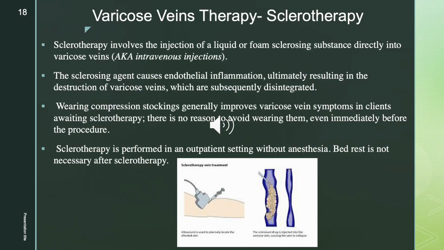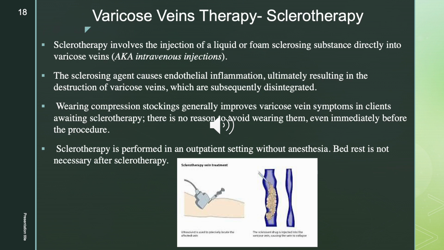It's exciting for me. So if I do get one of these, it basically is a process of injecting liquid or a substance that scleroses directly into the vein. So it is an intravenous injection that they give you technically, because duh, it's in your venous system, because it is a varicose vein.